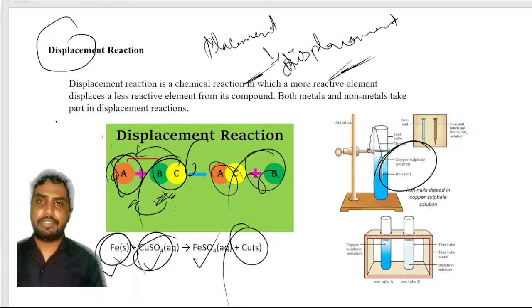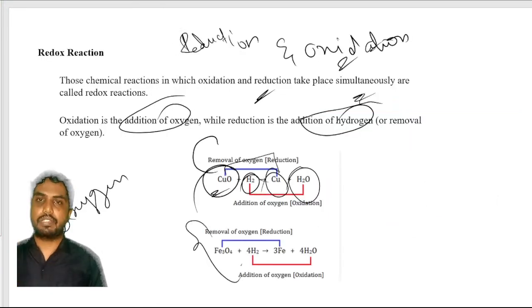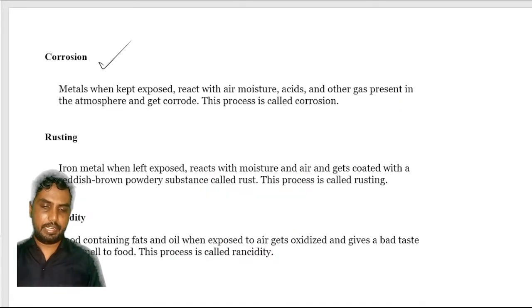What is meant by displacement reaction? A chemical reaction where a more reactive element replaces a less reactive element. And in a double displacement reaction, two ions are replaced, so two displacements happen. And in a redox reaction, there is oxidation and reduction, and we have seen corrosion, rusting, and rancidity.